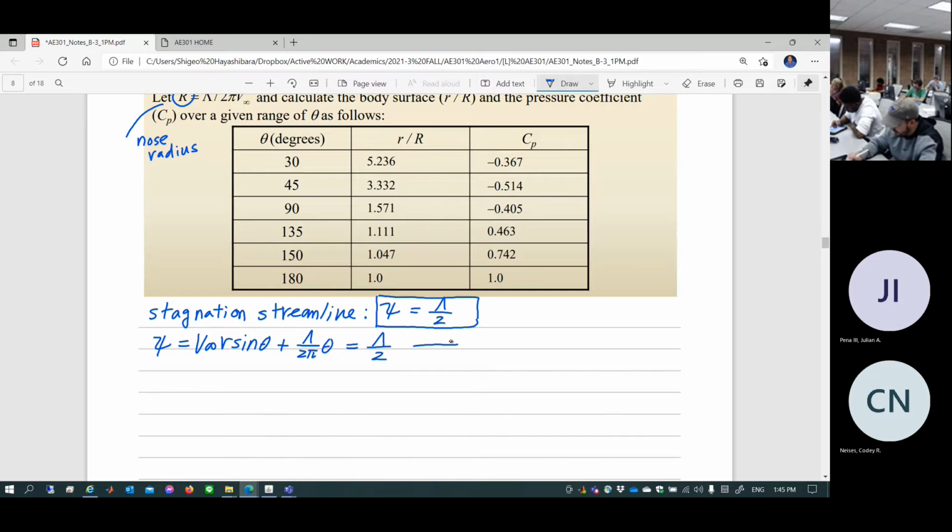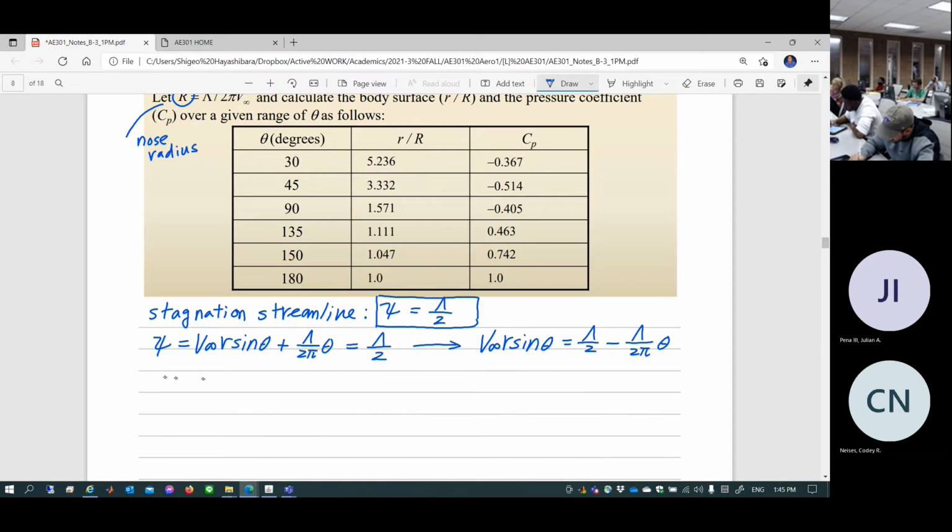You're going to start from there, and let's change it a little bit. This equation can be changed to b infinity r sine theta is equal to lambda over 2 minus lambda over 2 pi theta. Are you okay with that?